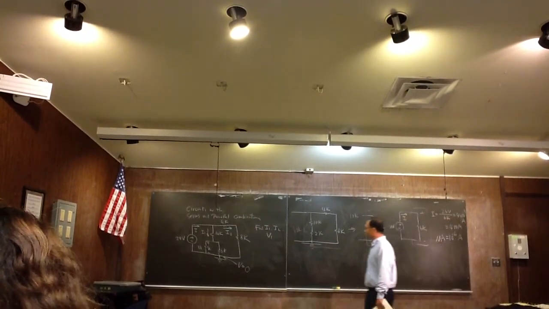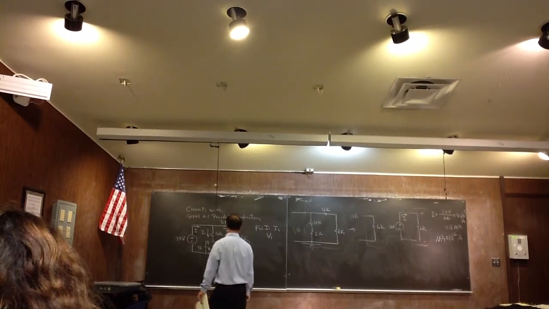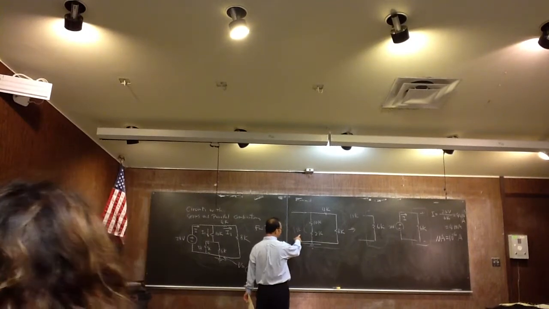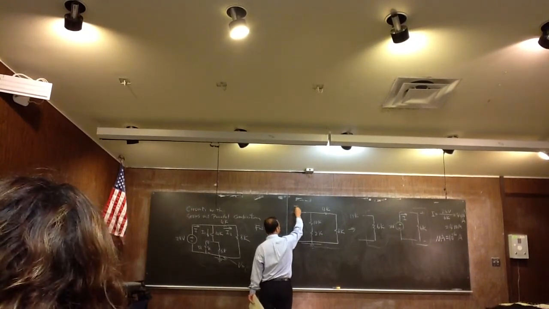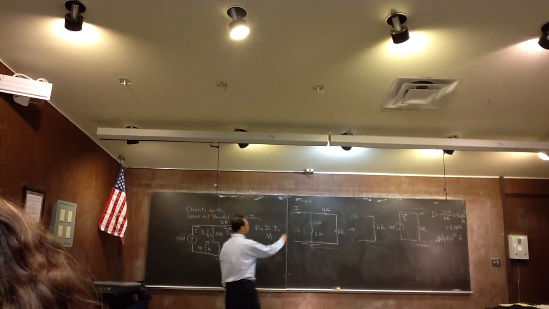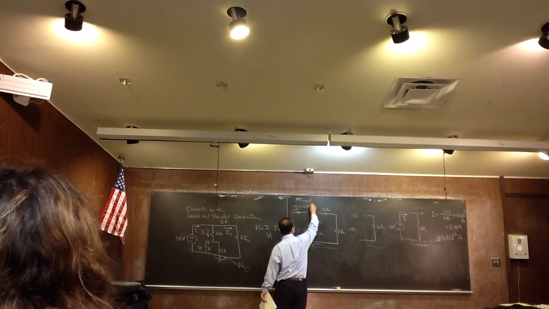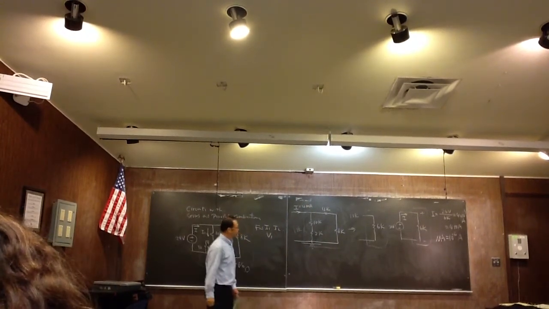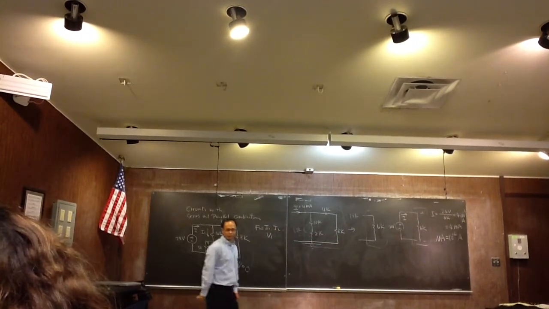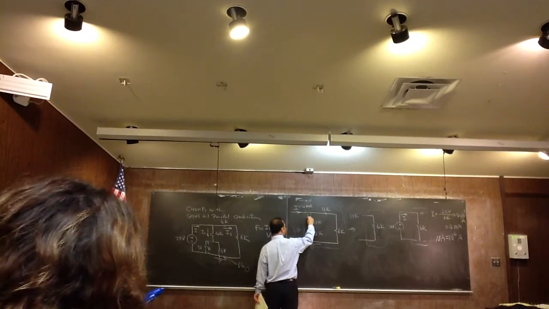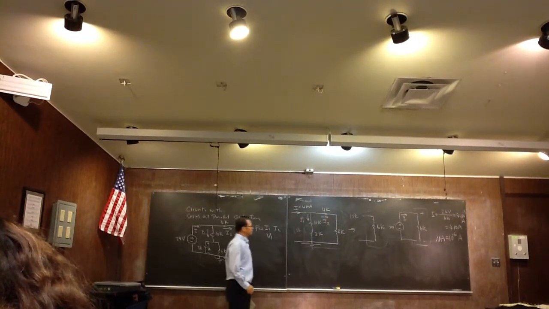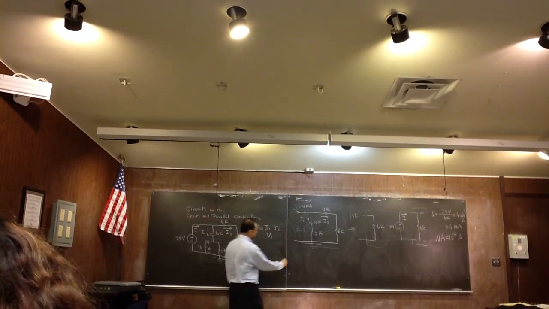Okay, now, what do you do next? Now you can use the current divider rule. So if I come back to here, this current is our I, right? So it's equal to 4 milliamps. Now I have two branches. Each branch has a 12K resistance. So this current we call I1, this current we call I2, right? So you can use the current divider rule.